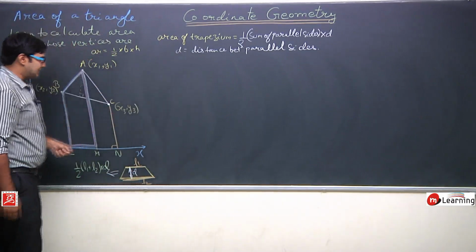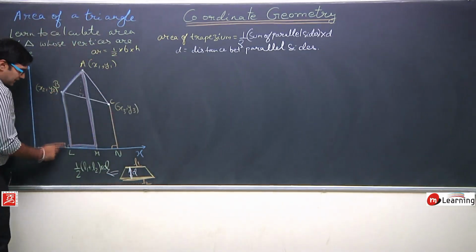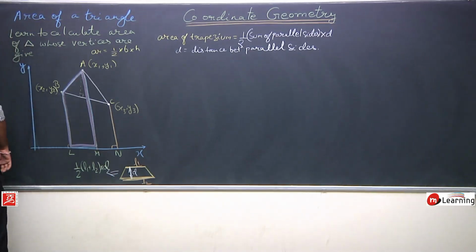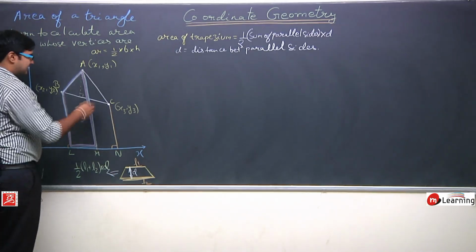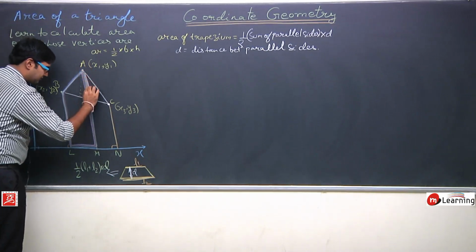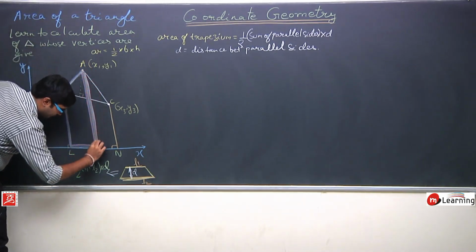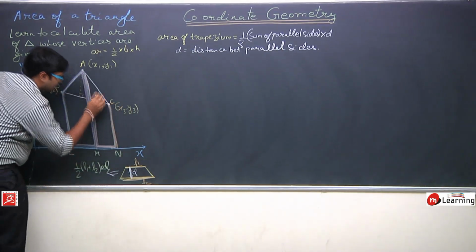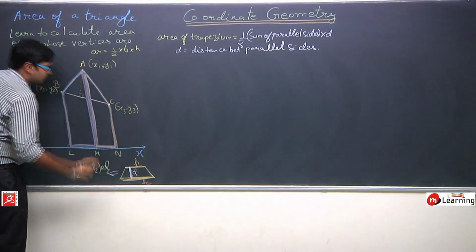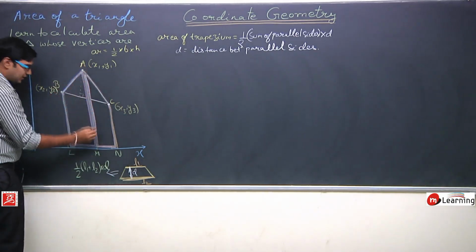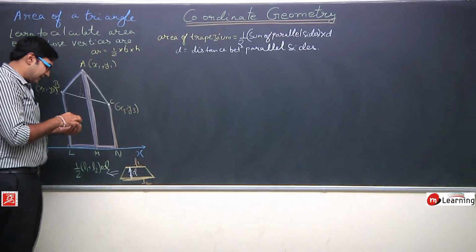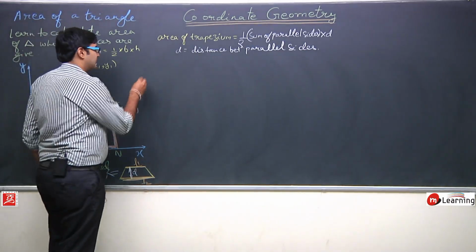So I can see that ABLM is a trapezium, and I can see one more trapezium. The next trapezium is this one, that is A, M and C. Okay, we have three trapeziums here. Observe it very carefully.